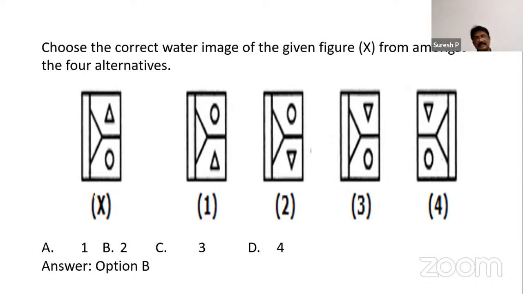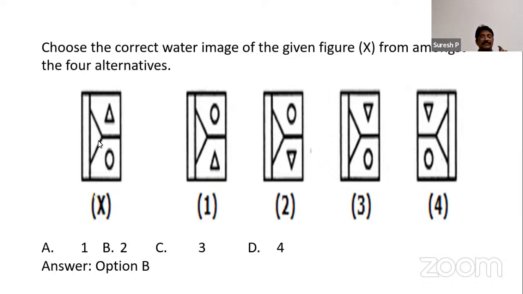In water images, generally the image will be inverted. That's the basic knowledge, so you have to check it very carefully. Now see it. This is the triangle and this is the circle.